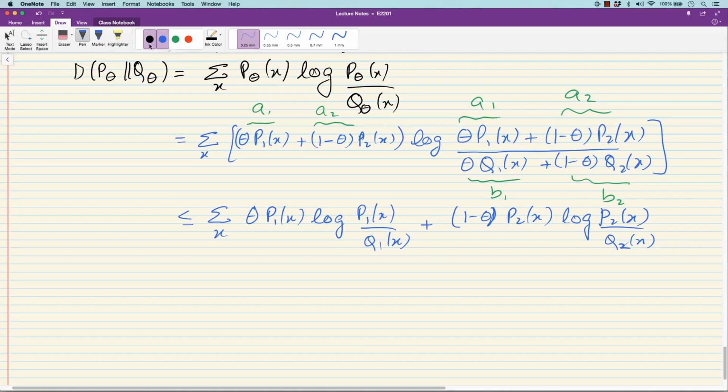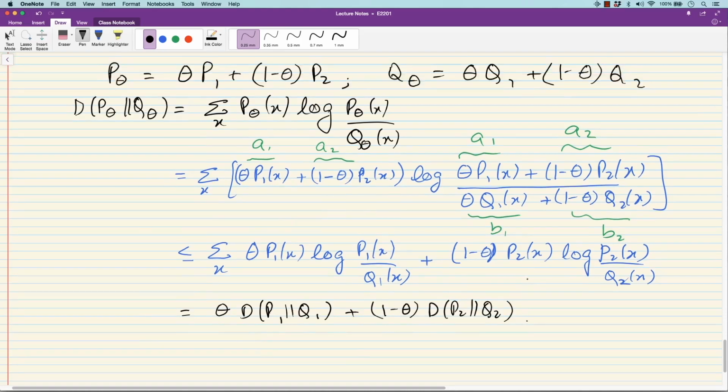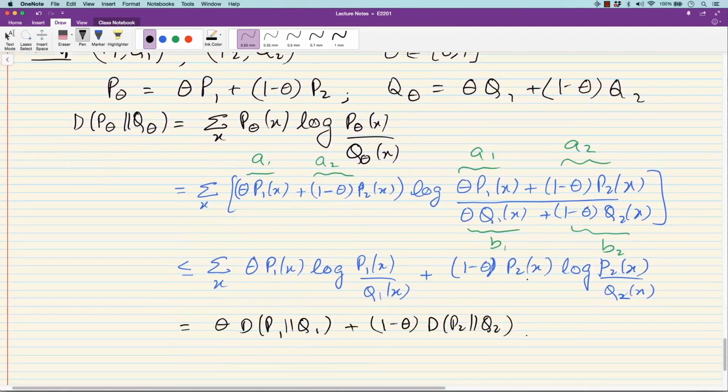And therefore, this guy here is equal to theta D(P1||Q1) plus 1 minus theta D(P2||Q2). Okay, so that's the proof that D(P||Q) is actually a convex function of the pair.